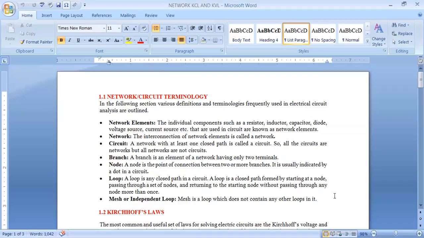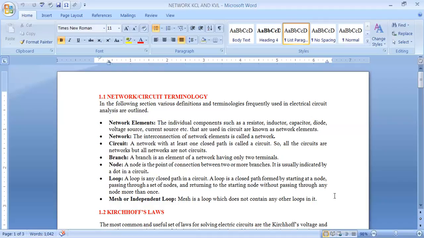Resistance in series, resistance in parallel, inductance in series, inductance in parallel, capacitance in series, capacitance in parallel. These are all called networks: resistive network, capacitive network, inductive network.